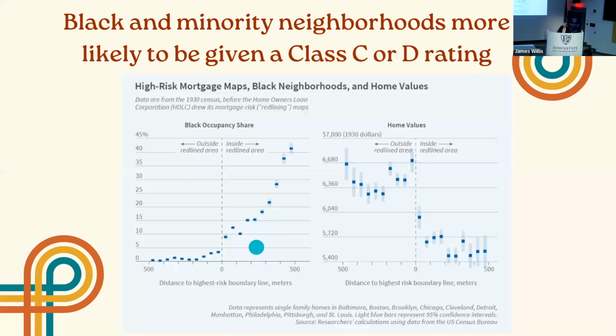So this graph on the left shows that the further away that you got from a redline community in the highest risk areas, the less Black people you have living in those neighborhoods. As you get closer and more in the redline neighborhoods, you have a higher proportion of Black people living there. So the data really shows that Black people were more likely to live in areas that were redlined.